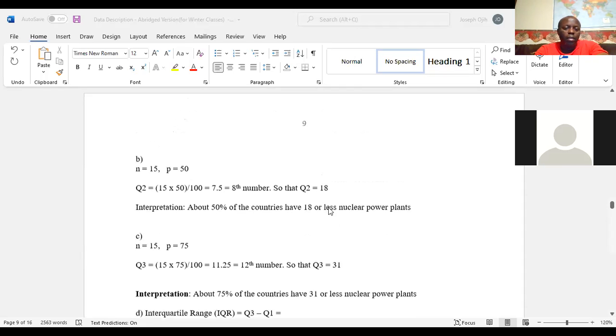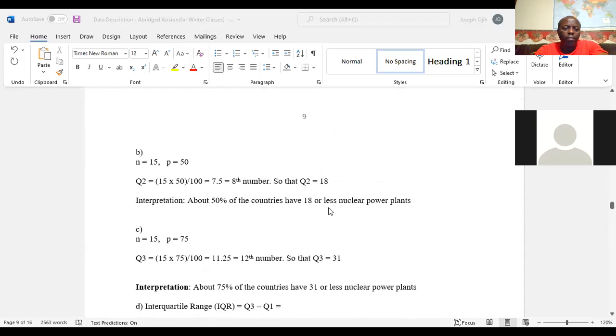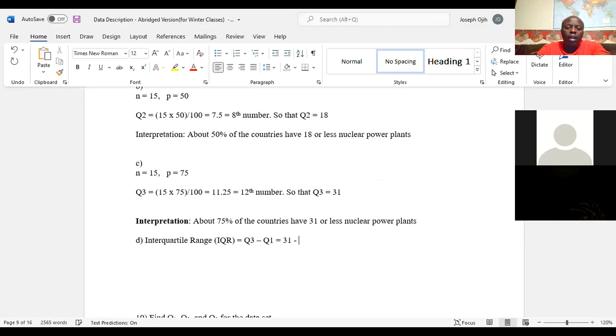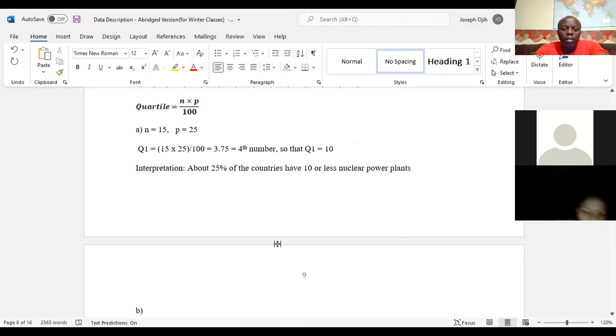Okay. So our third quartile here is 31, so I put 31. Our first quartile is 10.